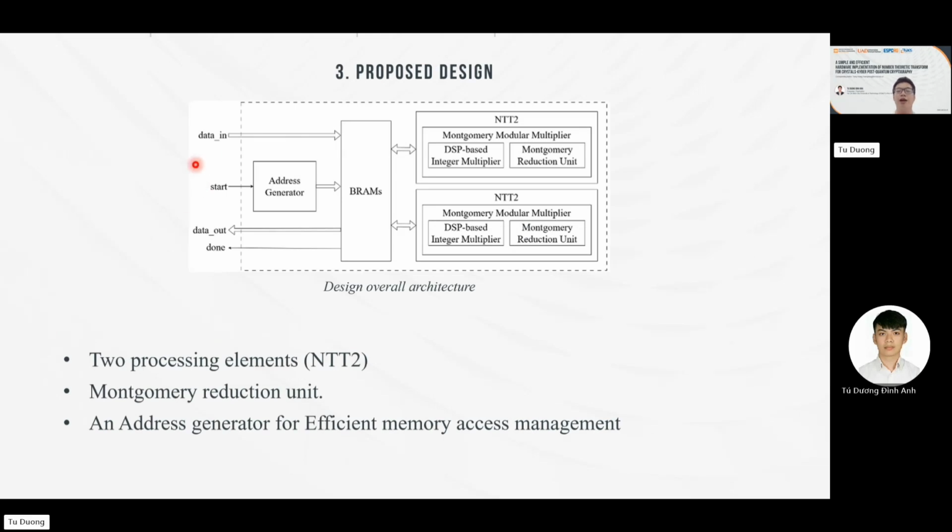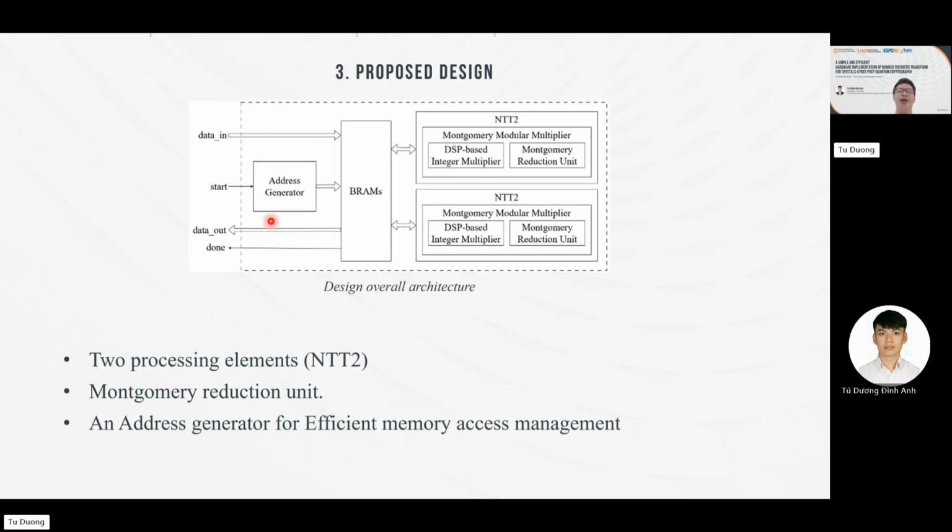So here is our proposed design. It includes two processing elements here. You can see the NTT 2-point unit here, and we have two of them for parallel computation. We also design a Montgomery reduction unit for the modulo reduction operation.